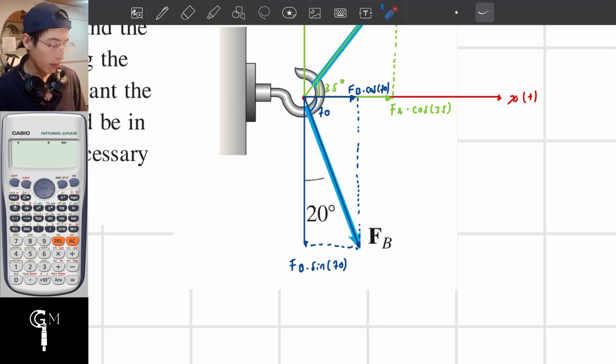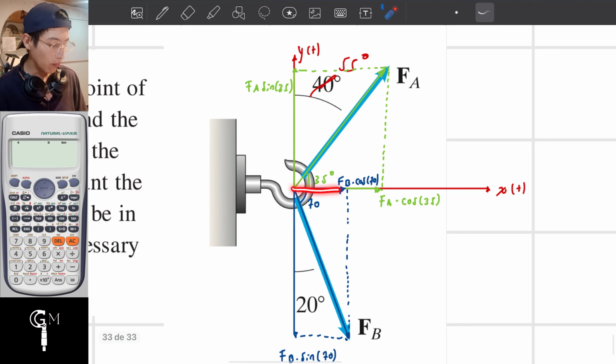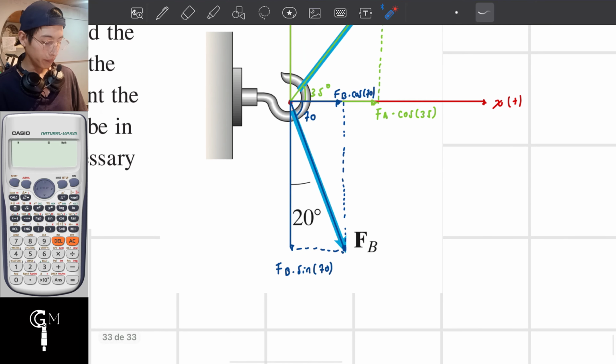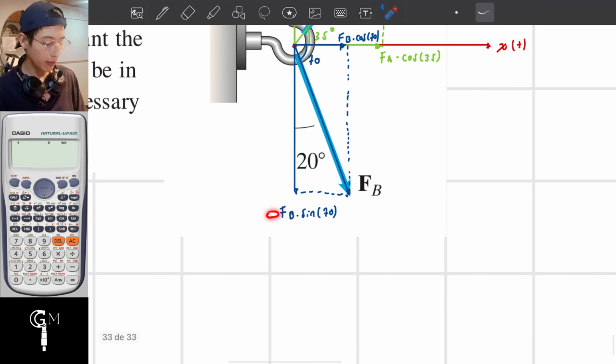So this component is positive because it's pointing toward the same direction of x positive, which applies for this one and this one. Now, because of the same reason, this force is positive, pointing towards the same direction as y positive. Therefore, this one has to be negative.